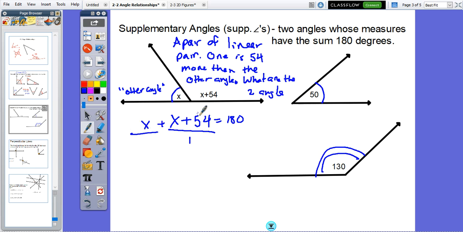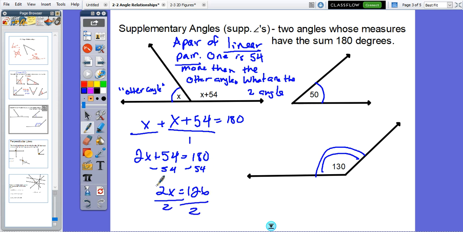All right, so this is our problem. We got x plus x plus 54 equals 180. Now you can assume it equals 180 because they are a linear pair. Like we said, linear pairs equal 180 all the time. So when I add these up, I get 2x plus 54 equals 180 degrees. Then subtract 54 from both sides, and we end up getting 2x equals 126.